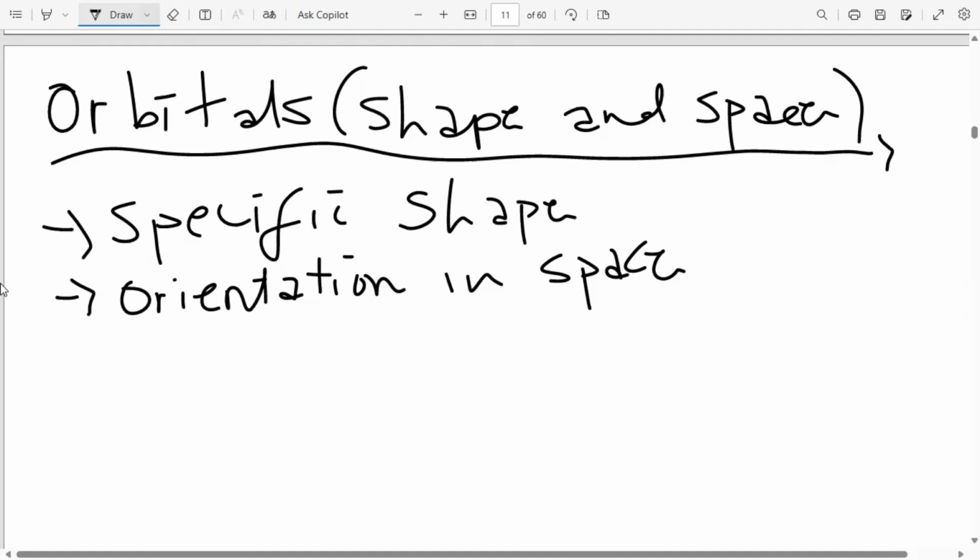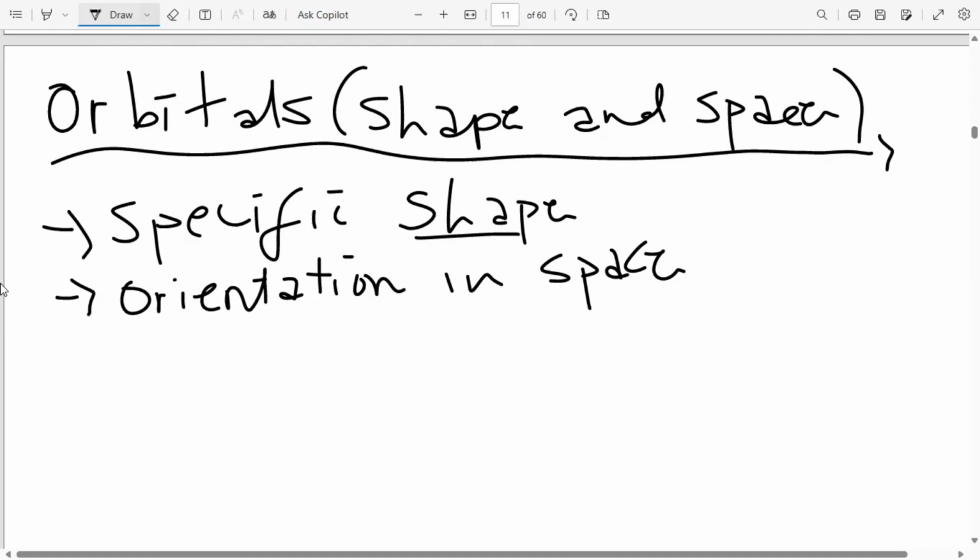We've discussed that there are different numbers of orbitals depending on the subshell. So each individual orbital has a specific shape, a specific size, and also a specific orientation in space, and can accommodate different amounts of electrons depending on what type of subshell you're talking about.